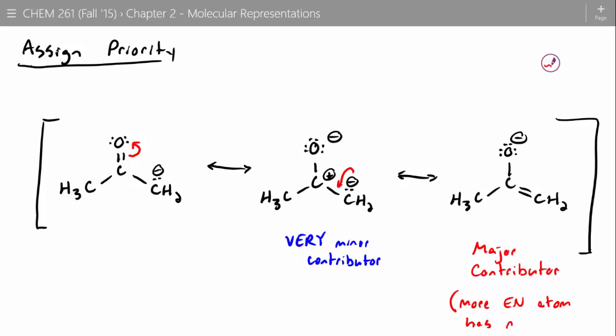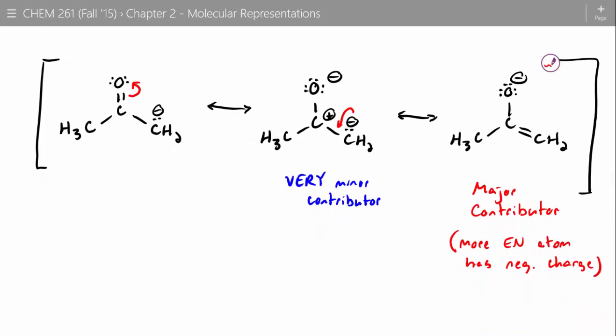I should say has the negative charge. And then the one on the left is going to be somewhere in the middle. So I'll label this as our minor contributor. So this is what we have to do a lot of times. We identify our major contributors.